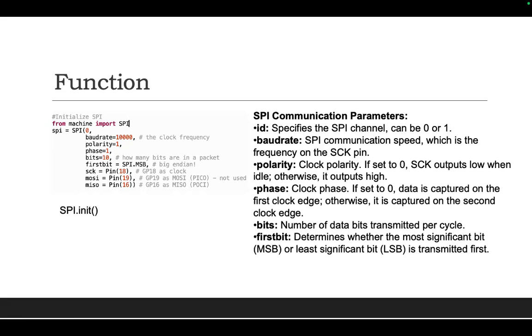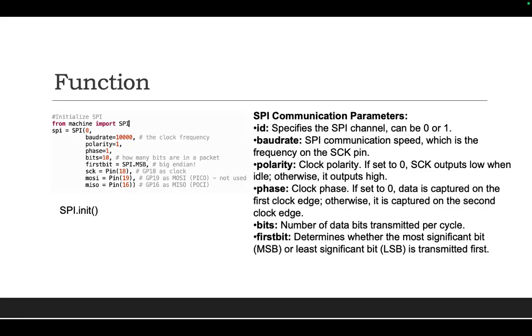Do you know what's the difference between the most significant bit and the least significant bit? The most significant bit means your SPI will read the first bit as the most significant.